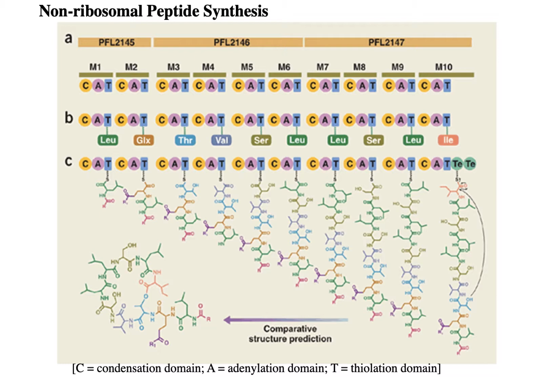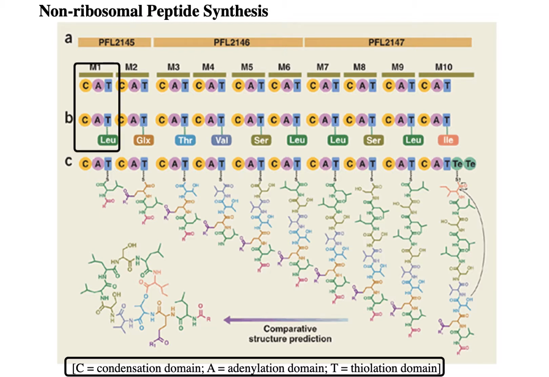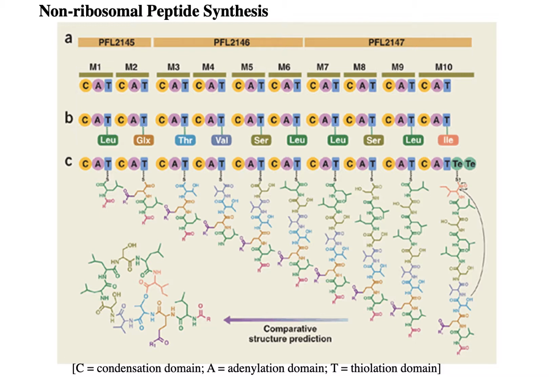There are these components that contain a condensation domain, an adenylation domain, and a thiolation domain that holds on to amino acids. And they're composed of proteins primarily now, but they may have originally been RNA molecules. And one by one, they can pop together the amino acids to become fairly large peptides.